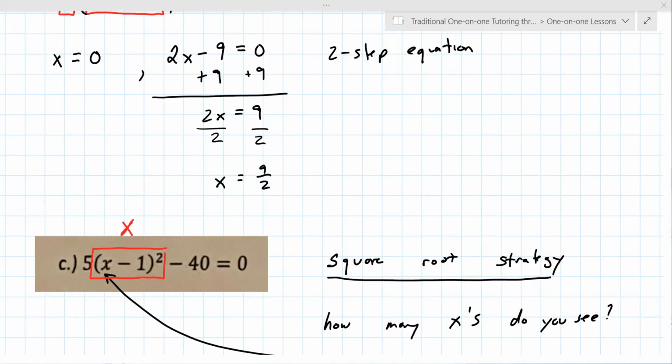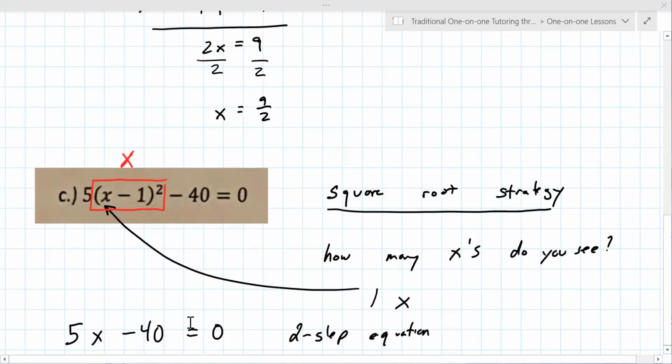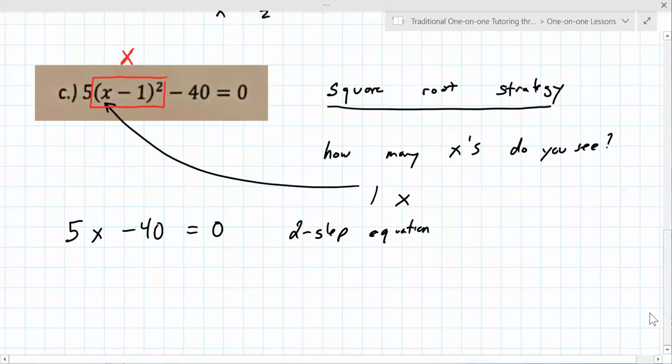Yes. But I'm asking you how you solve this two-step equation. You subtract both sides by 5. But 5 is multiplying x.